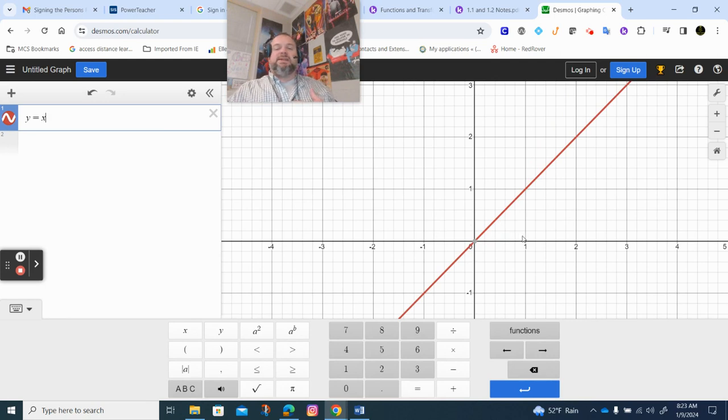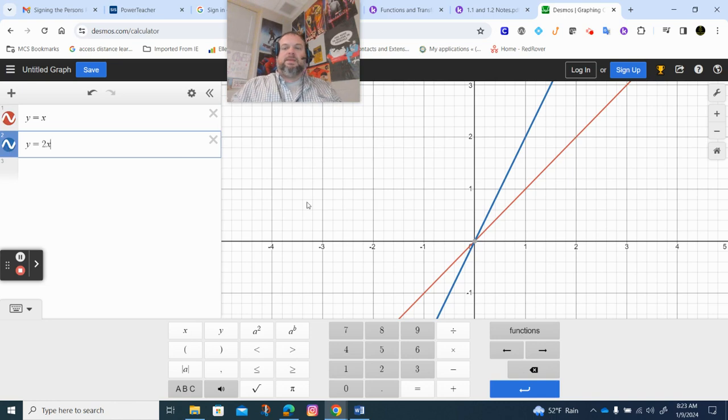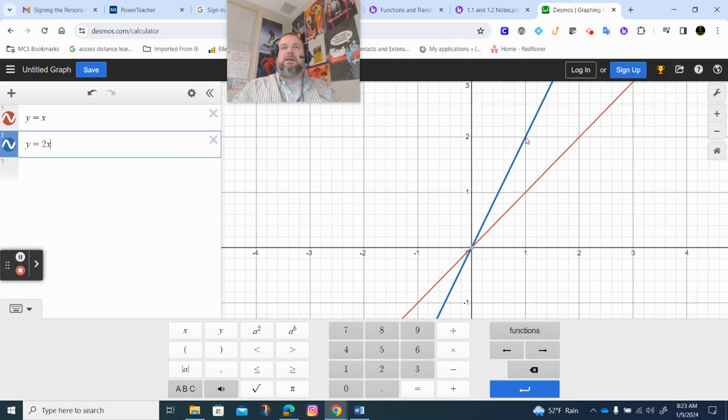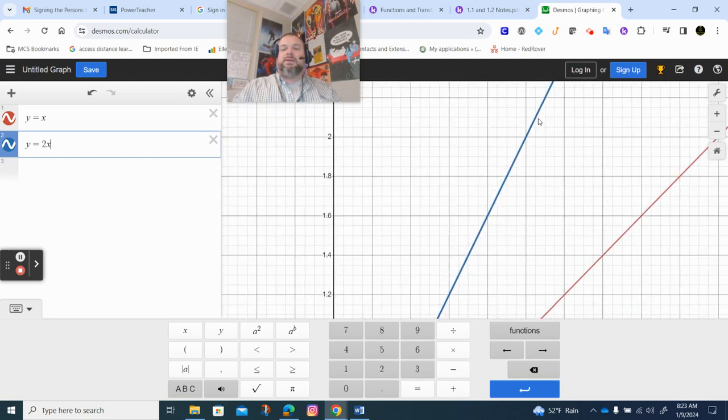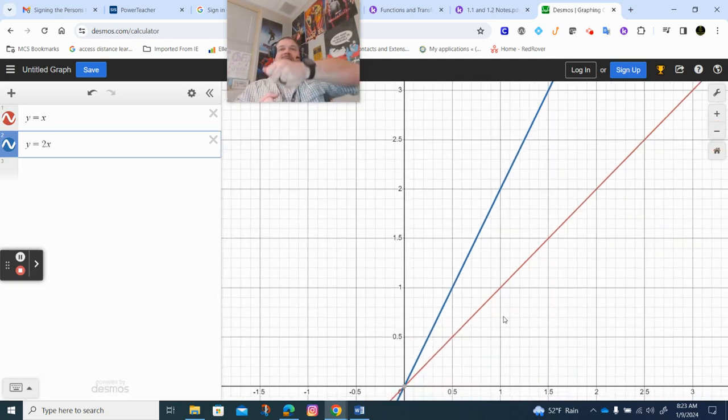So this says when x is 1, y is 1. When x is 2, y is 2. If I was to draw another one, now when x is 1, what is y? It's 2. What it does is it takes it and pulls it up vertically. That's what it means.